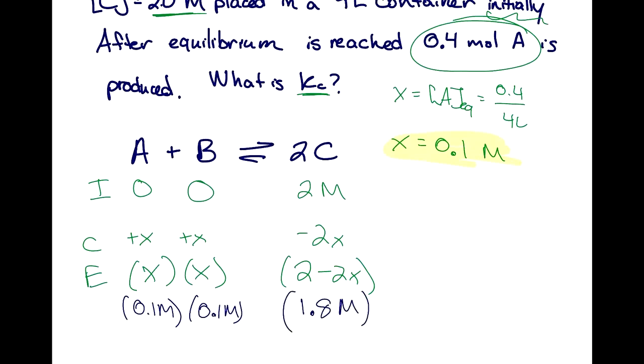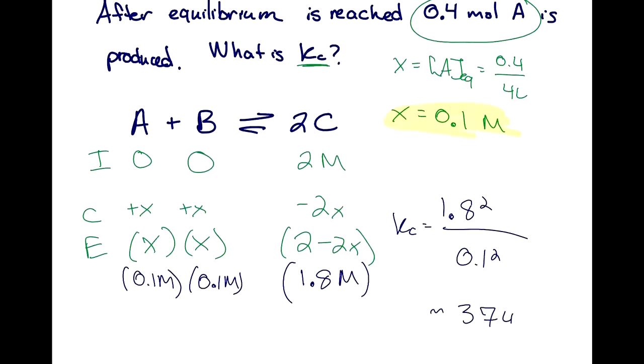When you plug all those things in to get Kc, it's equal to 1.8 squared over 0.1 squared, and I think it's like 370 or something, if I remember correctly. So that K value is what? Big. So you should see a lot of what at equilibrium? Products. Is that what you see? Yes.